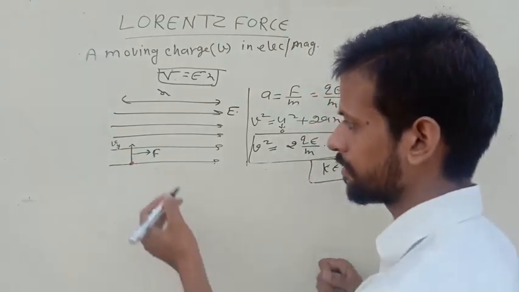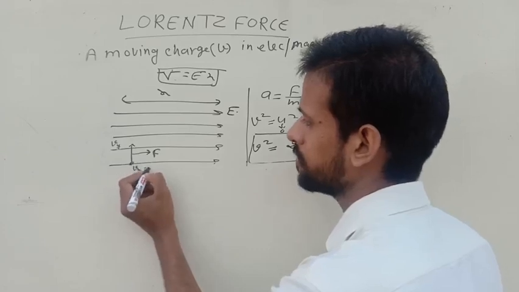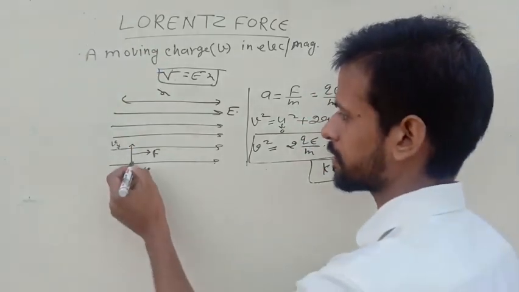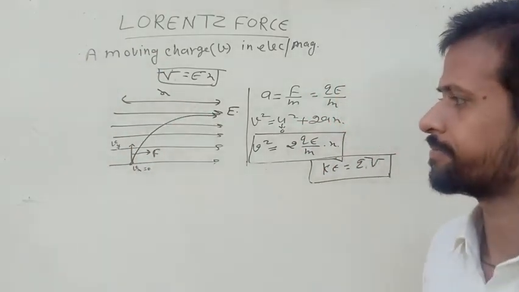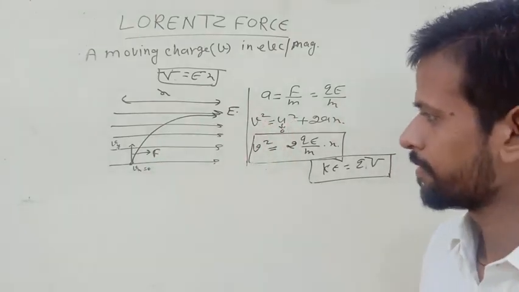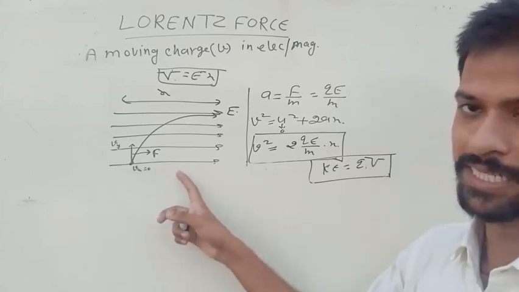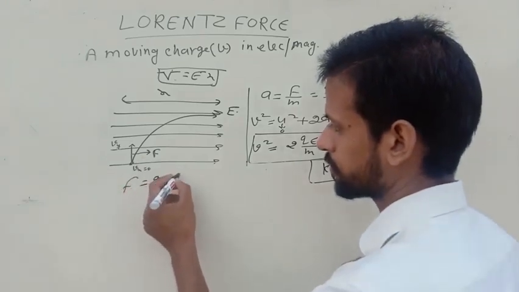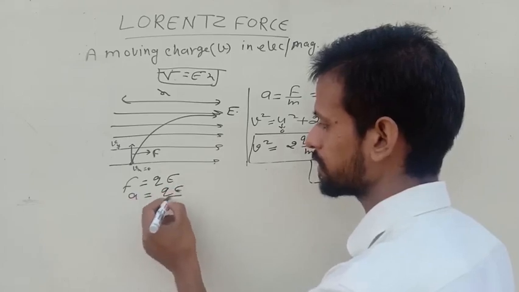Then we can make the two components. Here Vx is 0, all this velocity is in y direction. So this charged particle moves like this, and ultimately it goes in the direction of electric field approximately. So this is the direction of force, and there is an acceleration. So again we can write force is equal to QE and a is equal to QE upon m.